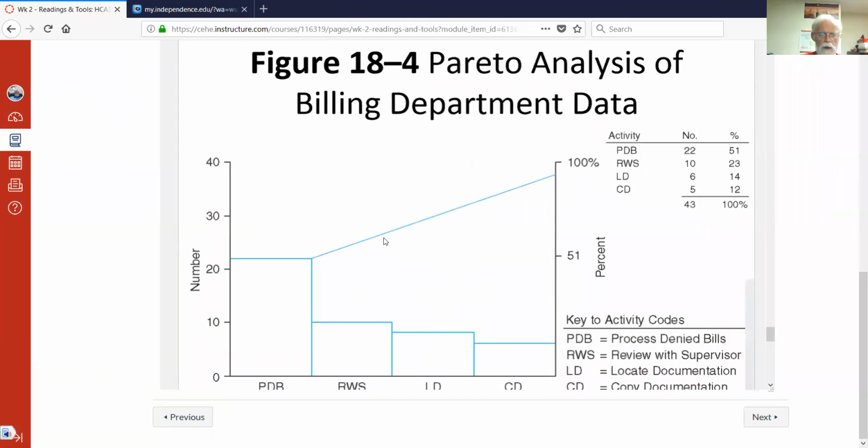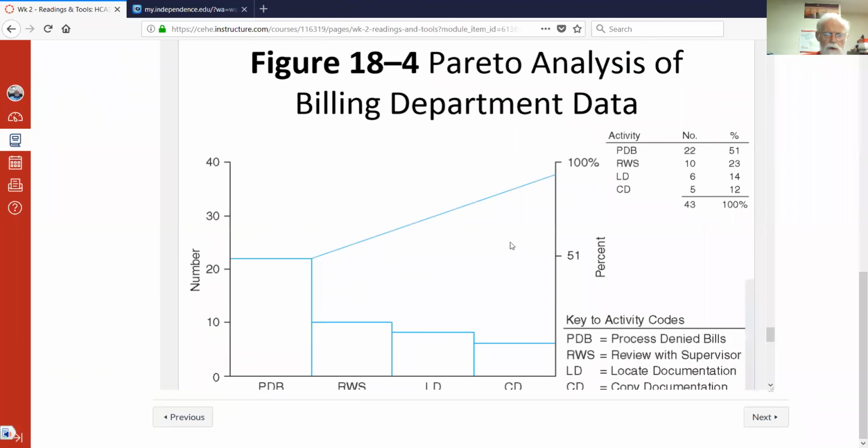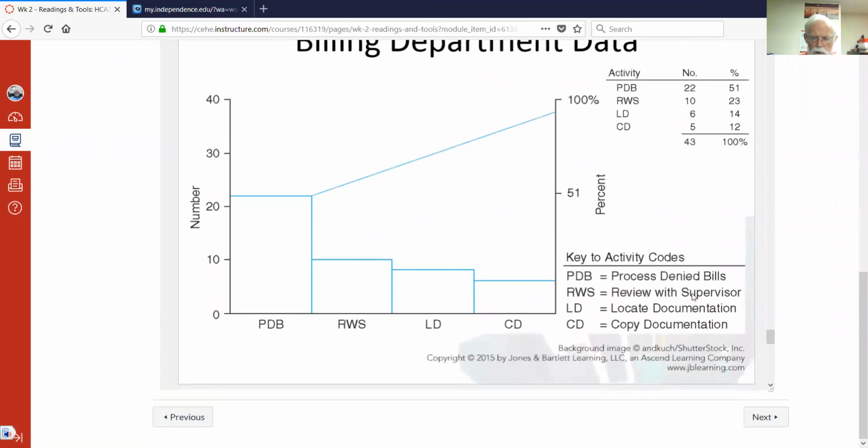A Pareto plot is basically a bar chart with no gap between the bars. Say we've got a billing department and we're looking at the various activities. You can look at all of these things yourself.